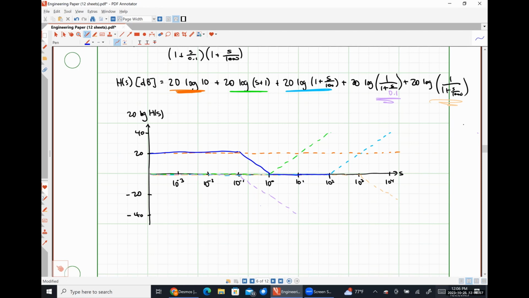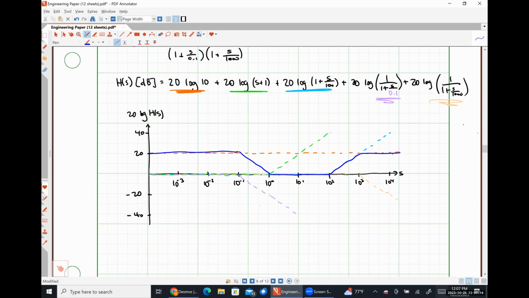Now this guy is starting to increase, so we're going to trend up. And then effectively these two slopes are going to cancel each other out, and we flat line back out at 20 decibels.